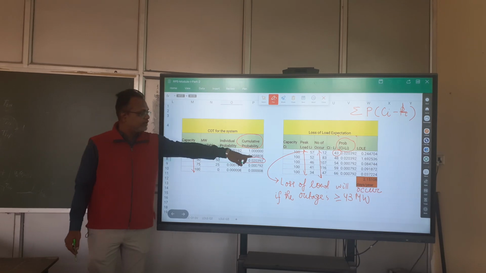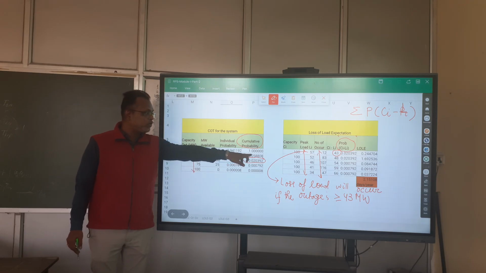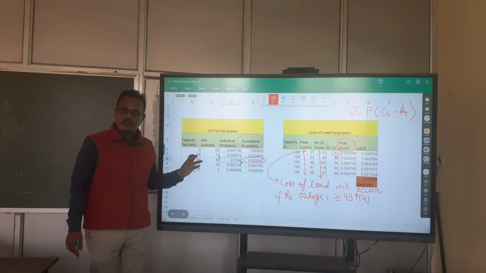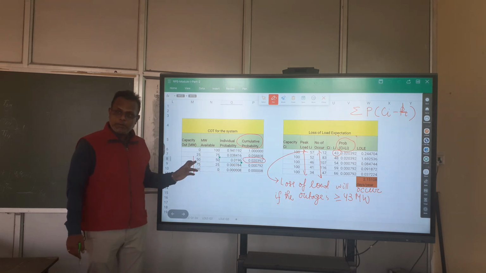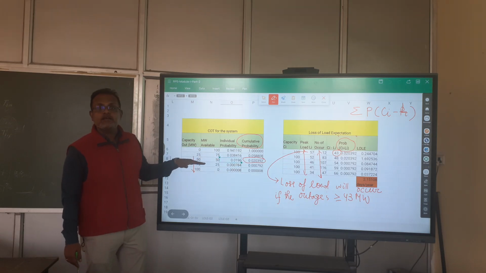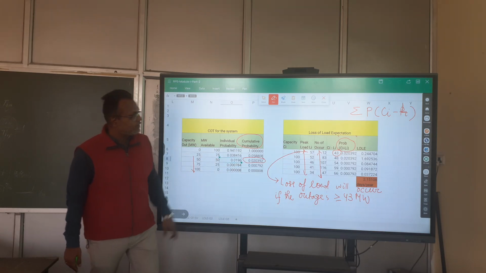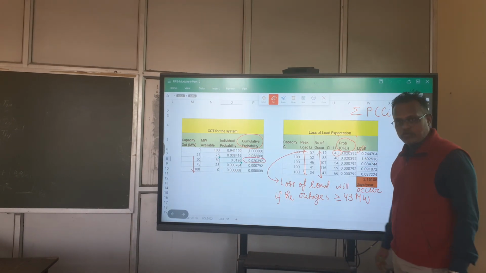This cumulative probability is for capacity outage 25 or more. This one is for capacity outage 50 or more. Our requirement is only 43 or more, but we take 50 as a conservative measure. The corresponding value is 0.2039.